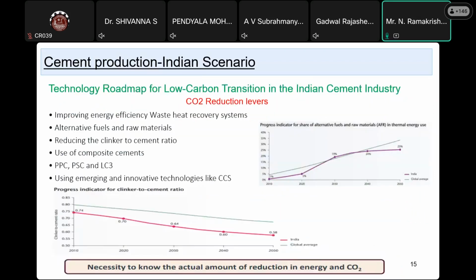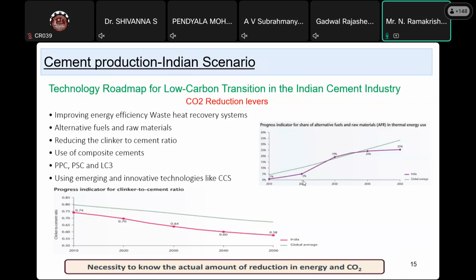Now coming to the technology roadmap for the low carbon transition in cement, you can see here the more important point. The two graphs show the year and the progress indicator: how much percentage progress for the share of alternative fuels and raw materials, AFR we call that.